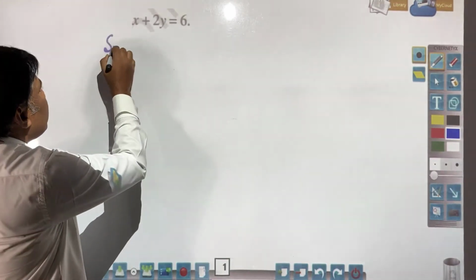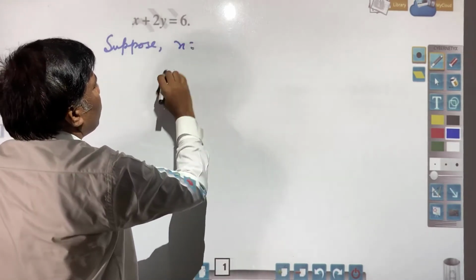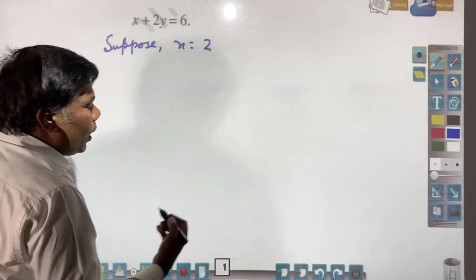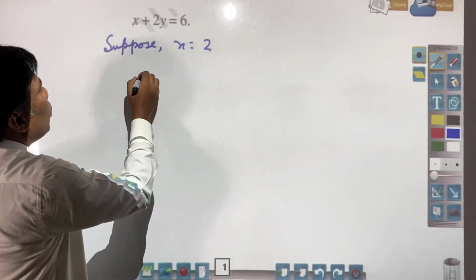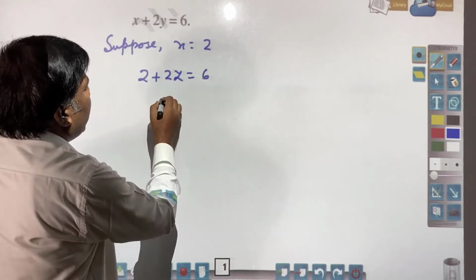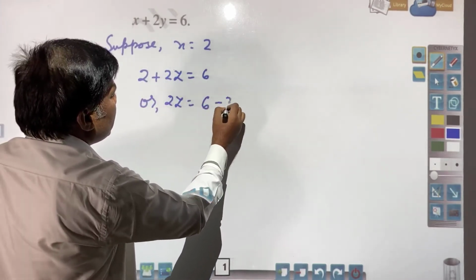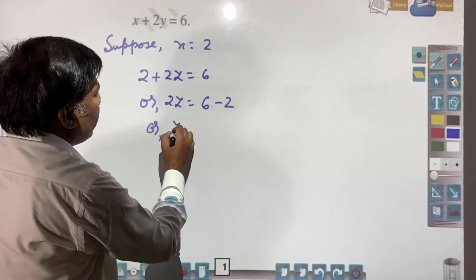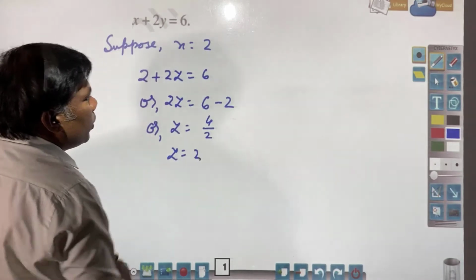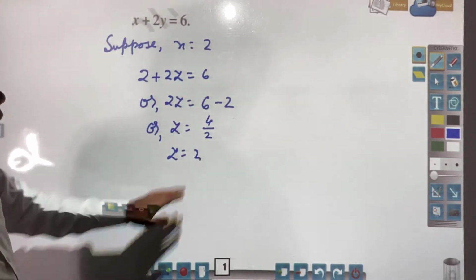Suppose x is equal to 2 or x is equal to 0, whatever you wish to put. So 2 plus 2y is equal to 6 and 2y is equal to 6 minus 2, or y will be equal to 4 by 2, it means y is equal to 2. So when you are assuming x is equal to 2, y you will get 2.